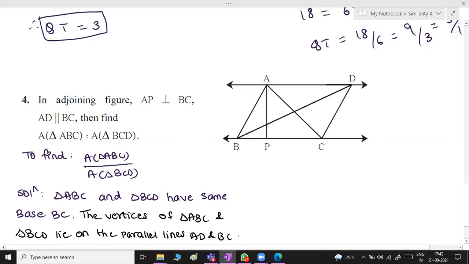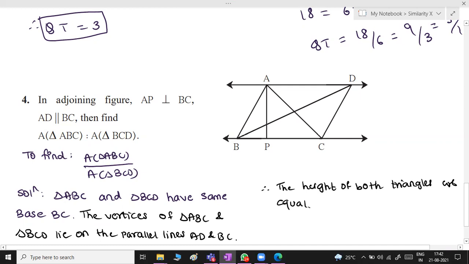Therefore, their heights are equal. Therefore, the height of both triangles are equal. ठीक है. इधर से कुछ भी doubt है?